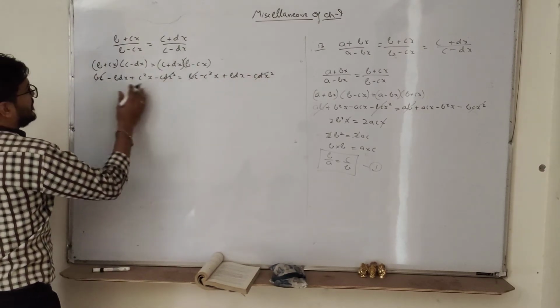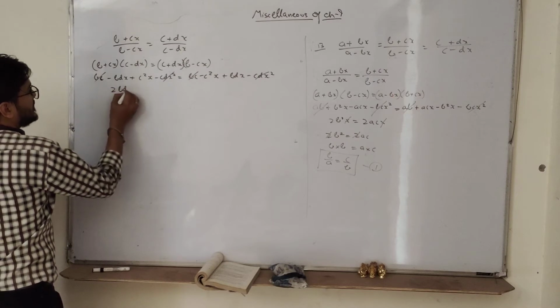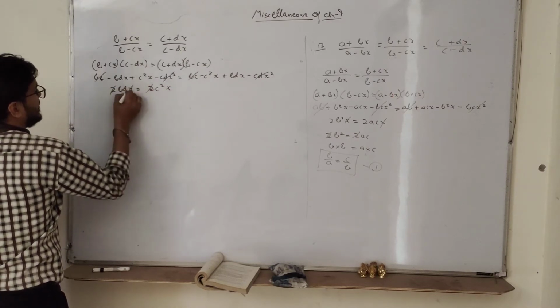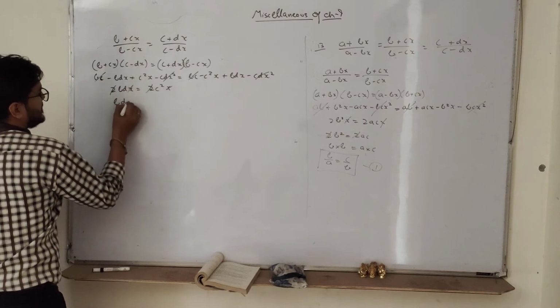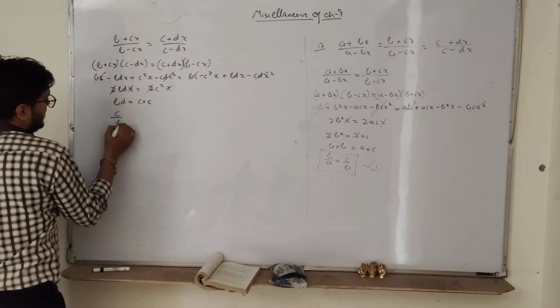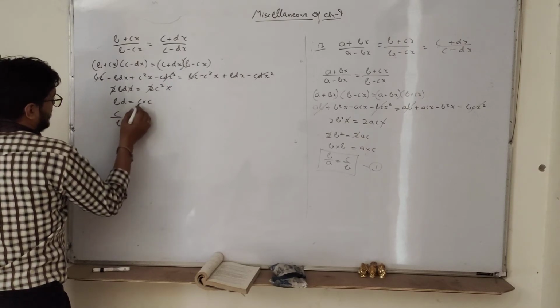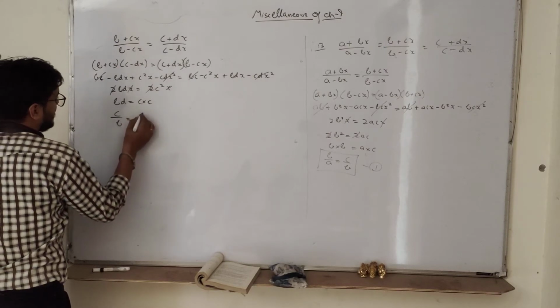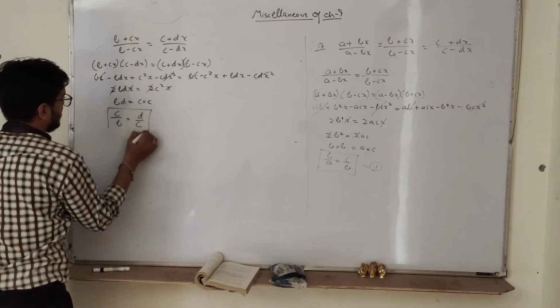So we have 2bdx is equal to 2c square x, 2 to 2 cancel, x to x cancel, bd is equal to c into c, or we can say c upon b is equal to d upon c, right.